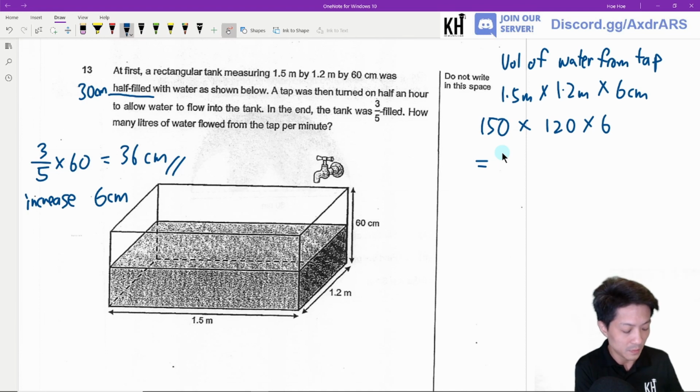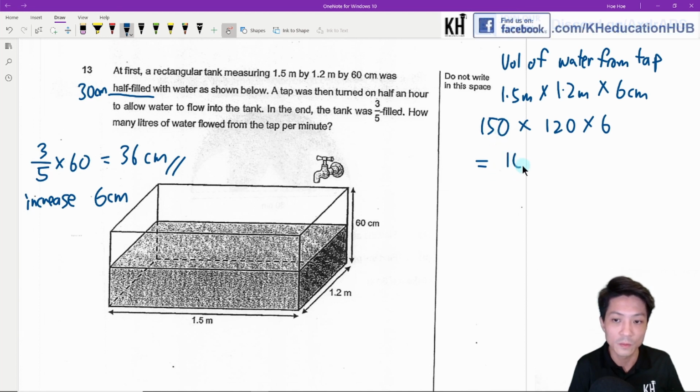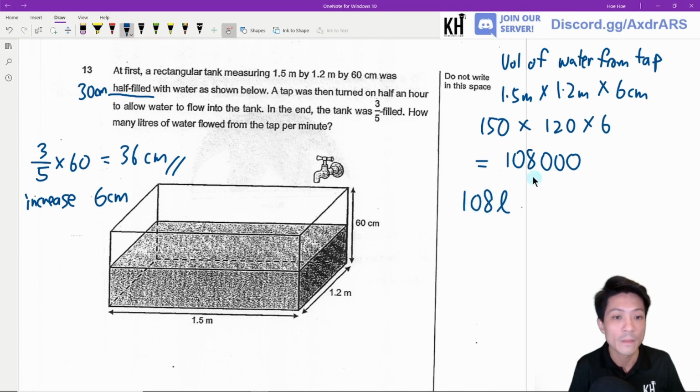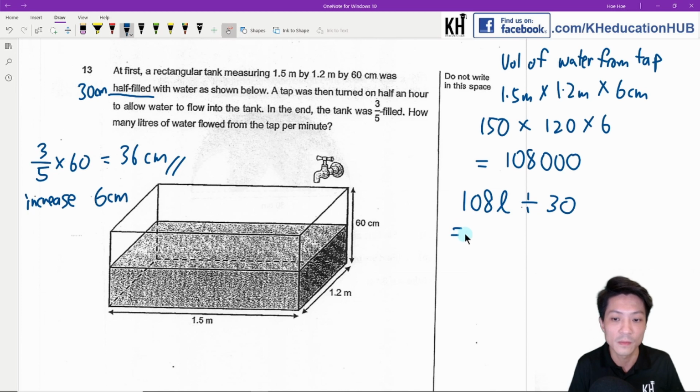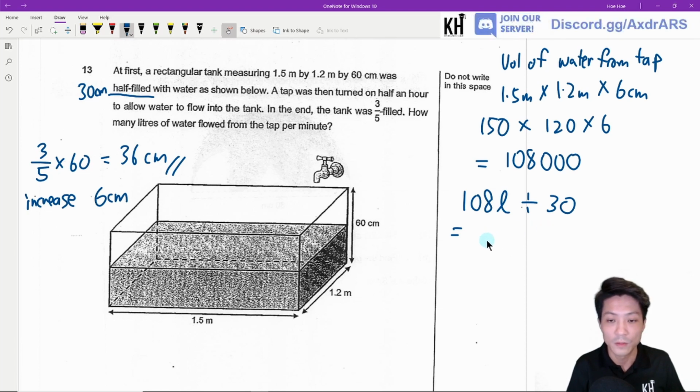That will give me 108,000. This is equal to 108 liters. And since the tap was turned on for half an hour, I'm going to divide it by 30 minutes. So the answer will be 3.6 liters per minute.